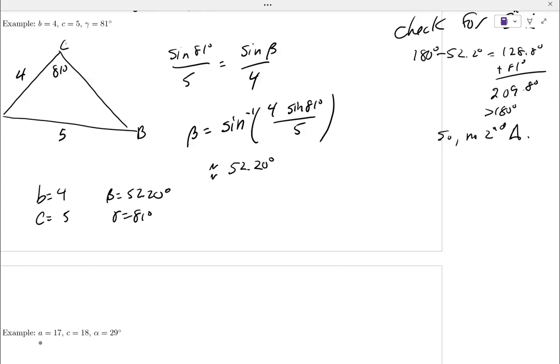Which one should we find first? Alpha. That one's the easier one, right? Alpha, you'll do 180 minus the sum of the other 2. I should say approximately equal to. What did you get for that one? 46.8, is that what you said?